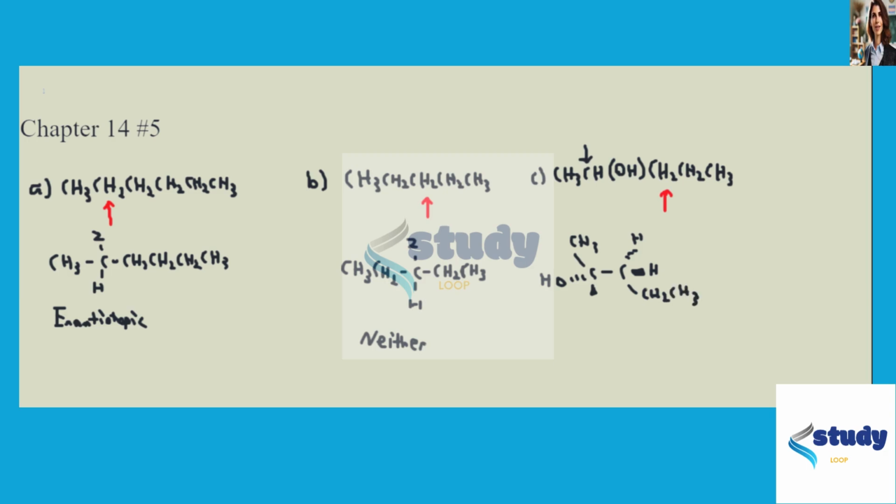If we were to go ahead and change, for example, this hydrogen to a Z group, so let's make this our Z. Now clearly we're going to have diastereomers, and I forgot to put that there.